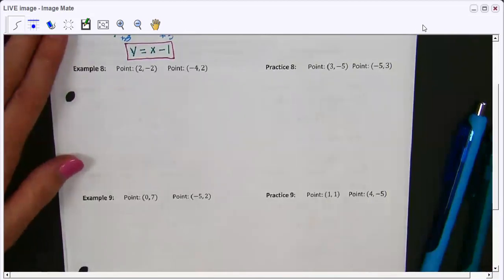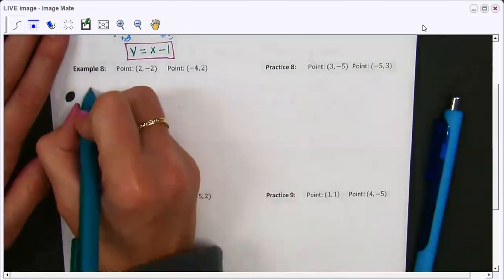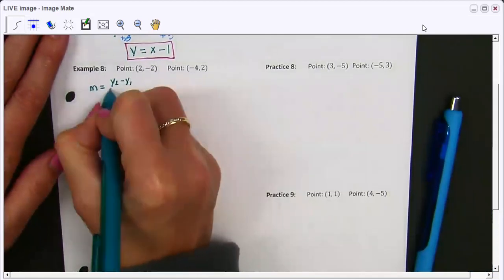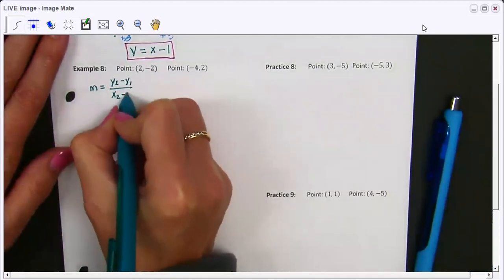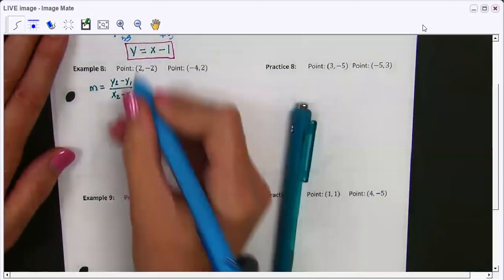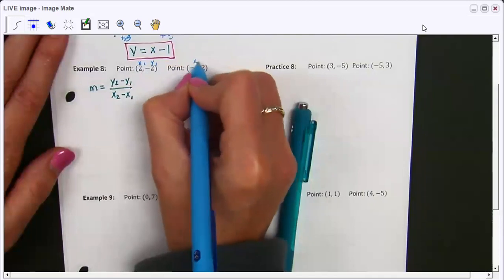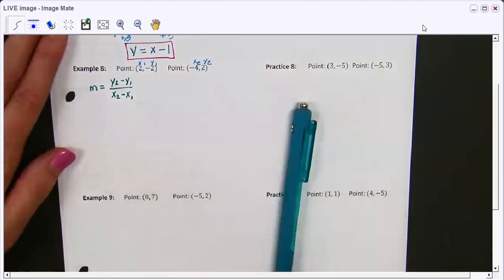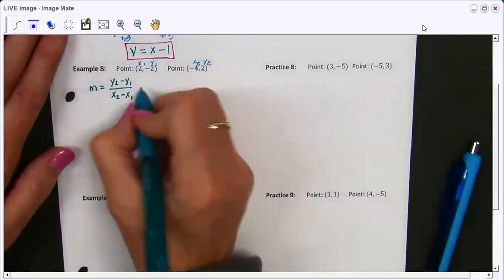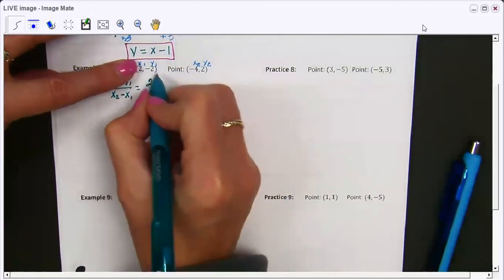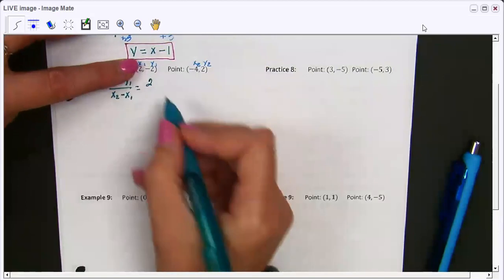Okay, so we're going to find the slope first. We have x1, y1, x2, y2. Let's plug those in. We have our y2, which is 2, and our y1, which is -2, so we're going to add those.